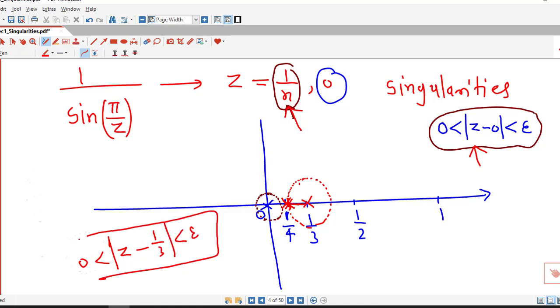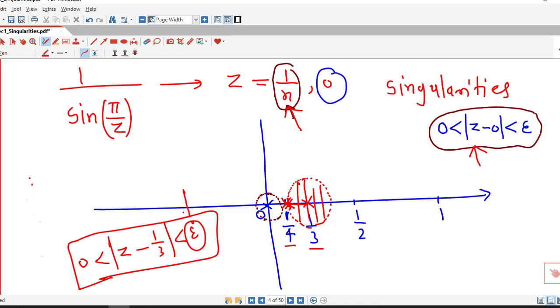So we can find a deleted neighborhood of z equal to 1 by 3 such that the function is analytic at every point in that deleted neighborhood, and this epsilon is nothing but the distance between 1 by 3 and 1 by 4.